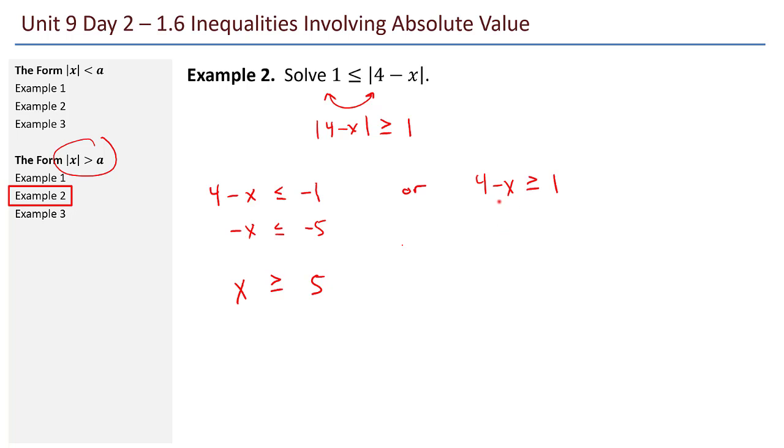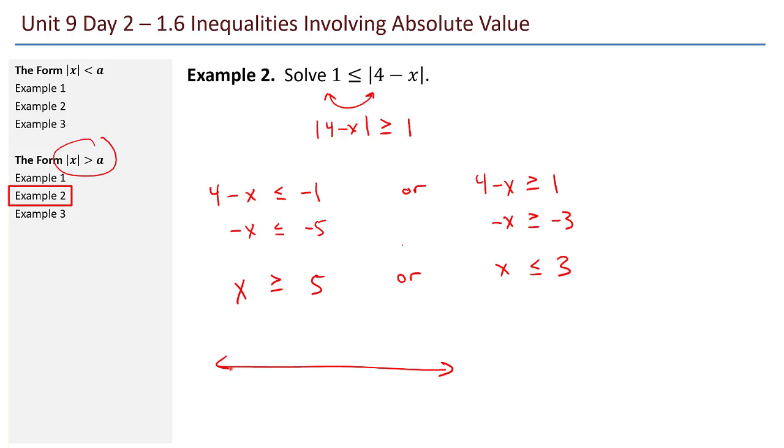On the right, subtract 4 from both sides. -x greater than or equal to -3. Multiply both sides by -1. X is less than or equal to 3. Okay, so x is less than or equal to 3, or x is greater than or equal to 5.